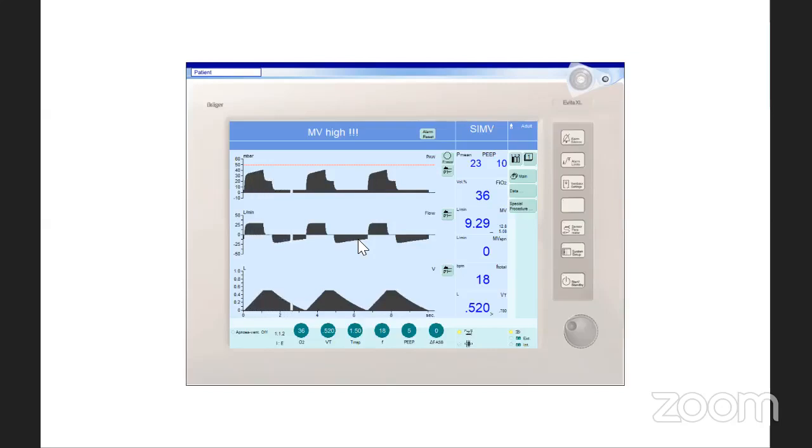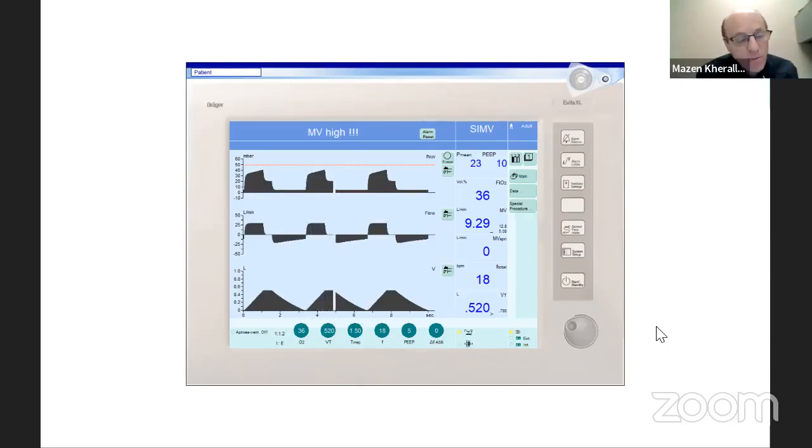And because this is volume control, I will go to a flow of 60 or 80. And regarding the PEEP, if the patient is sedated and on muscle relaxant, I will give zero. And if the patient is not spontaneously breathing, and in this wave there is no negative pressure, I will put some PEEP.